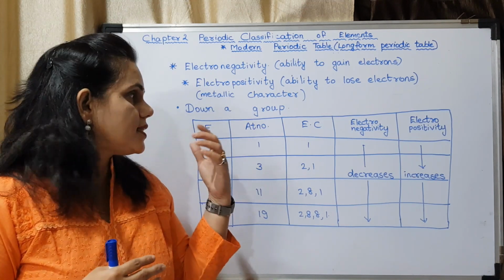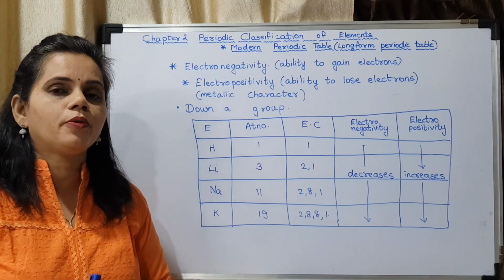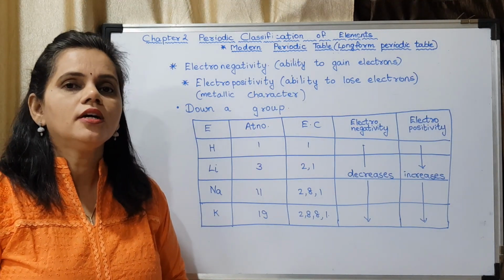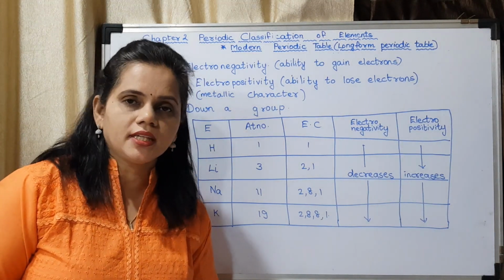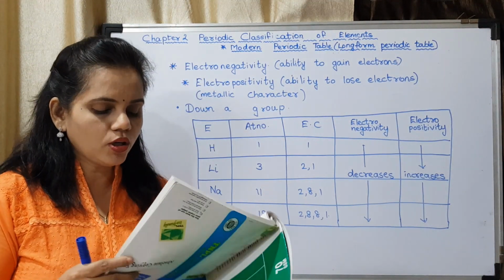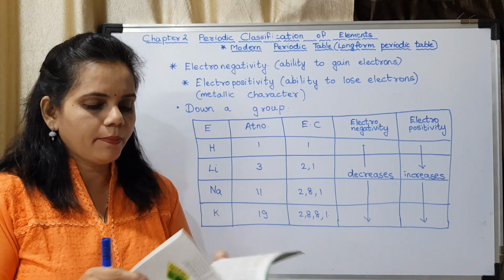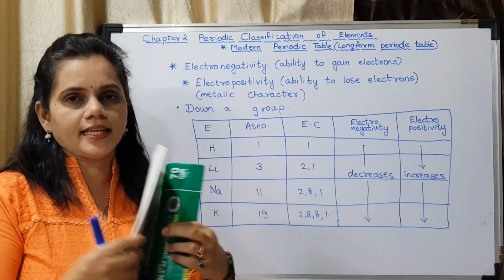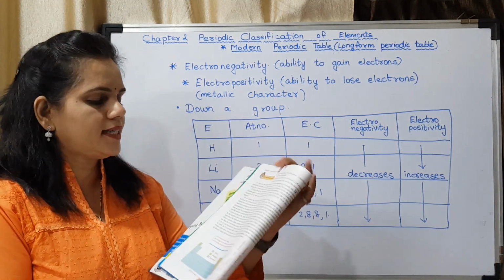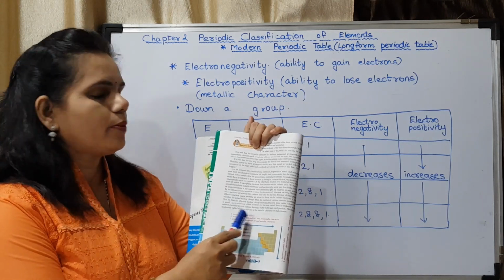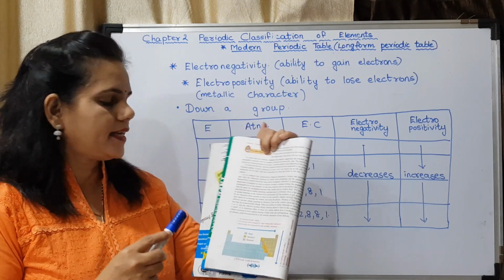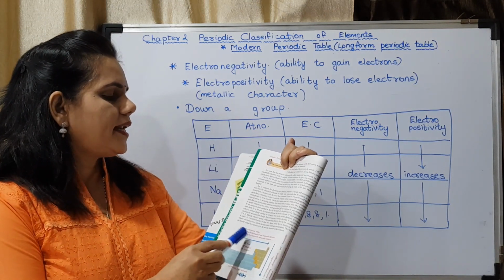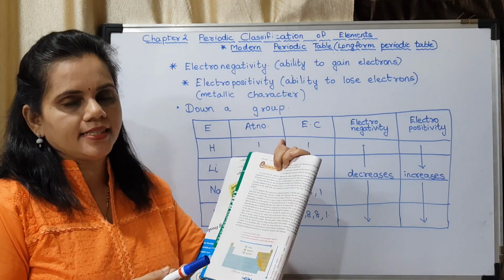This is the next topic, electropositivity and electronegativity. According to the textbook, there is a table on page number 26, the decreasing atomic radius. When you go from left to right, the atomic radius decreases, so electronegativity increases.